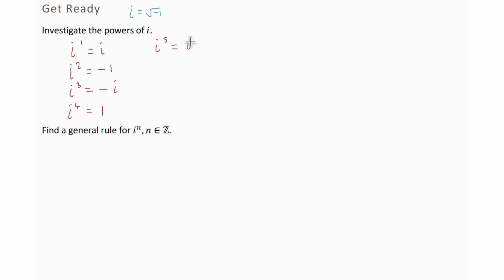So that's 1 times i, which is i. i to the 6 is i to the 5 times i to the 1. That's i times i, that's i squared, which is minus 1.